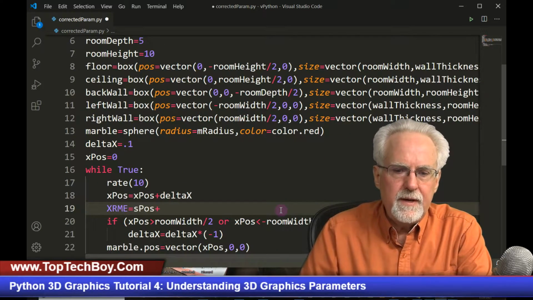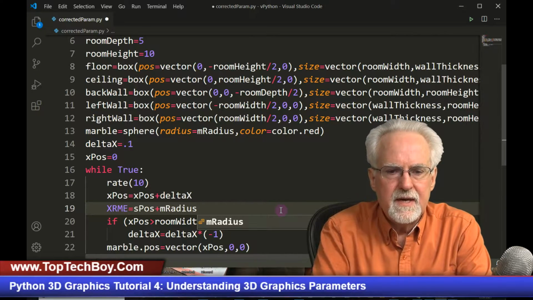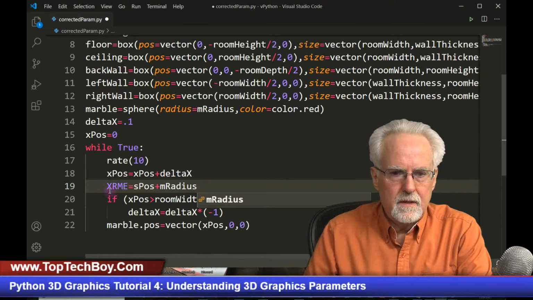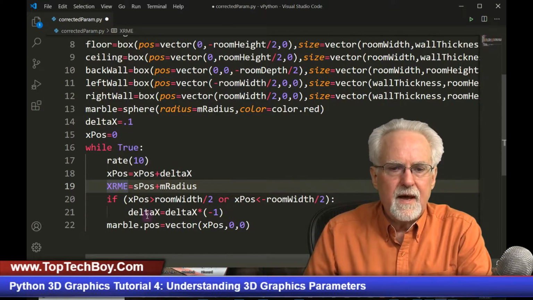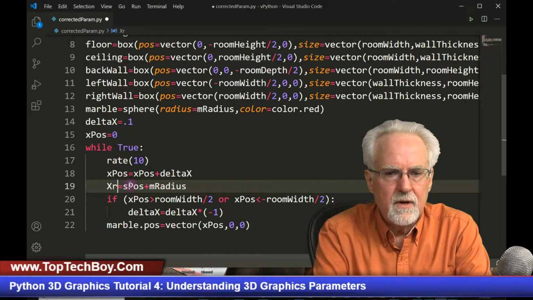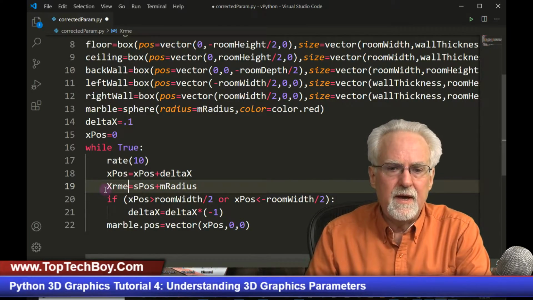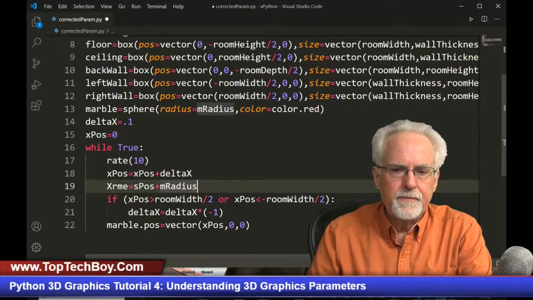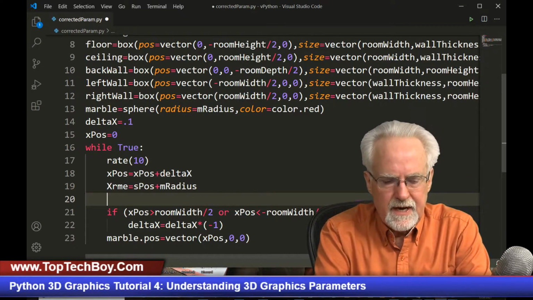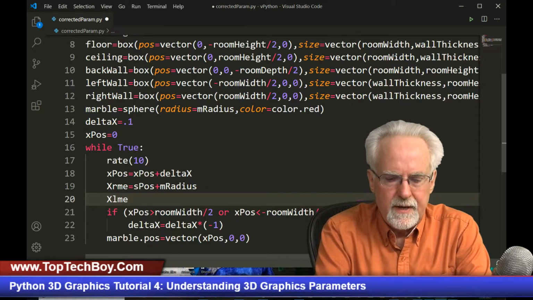It was the M radius. Now, unfortunately, you see how that lit up? It seems like it is a reserved word, so I need to write X right marble edge like that. X right marble edge.